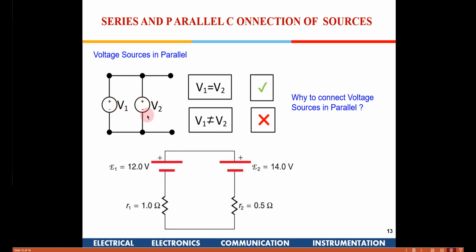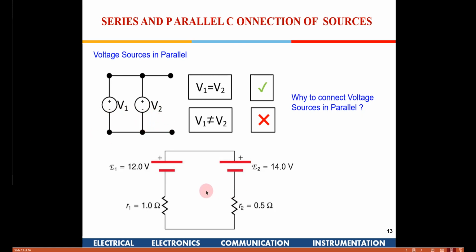So I can increase the life of the batteries. Suppose I have an inverter at home with a single battery of certain capacity. If I put one more battery in parallel, the amount of current drained from each of them will be only half. Correct? Yes, sir. Yeah, so that is the advantage.